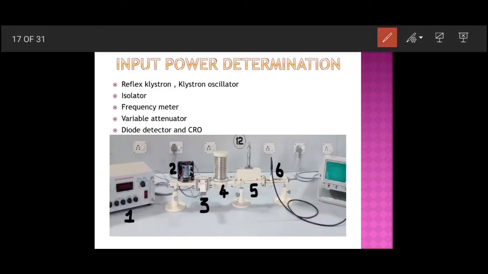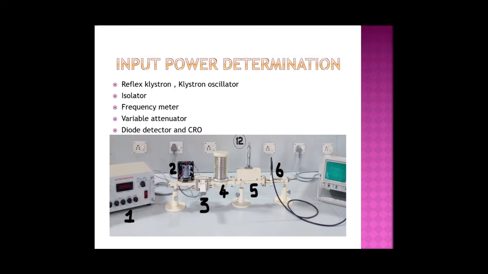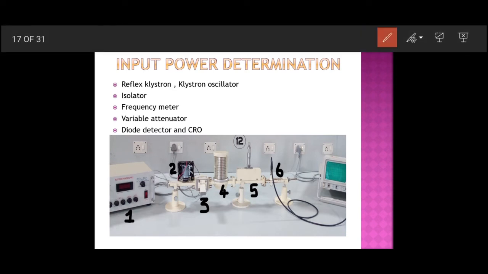But in the experiment, that is in the lab session, we are going to use the reflex klystron for the generation of microwave signal. If so, then the test bench will have the components, that is reflex klystron oscillator, isolator, frequency meter, variable attenuator, and diode detector connected with a CRO to determine the input power.